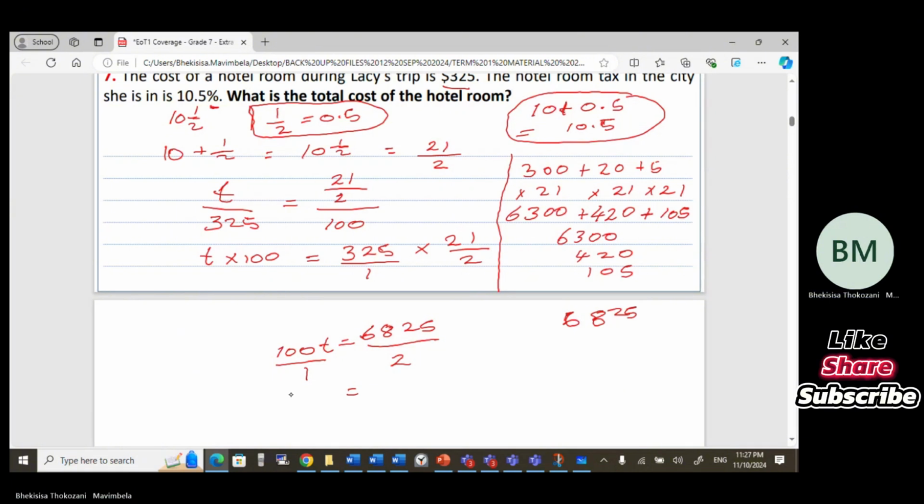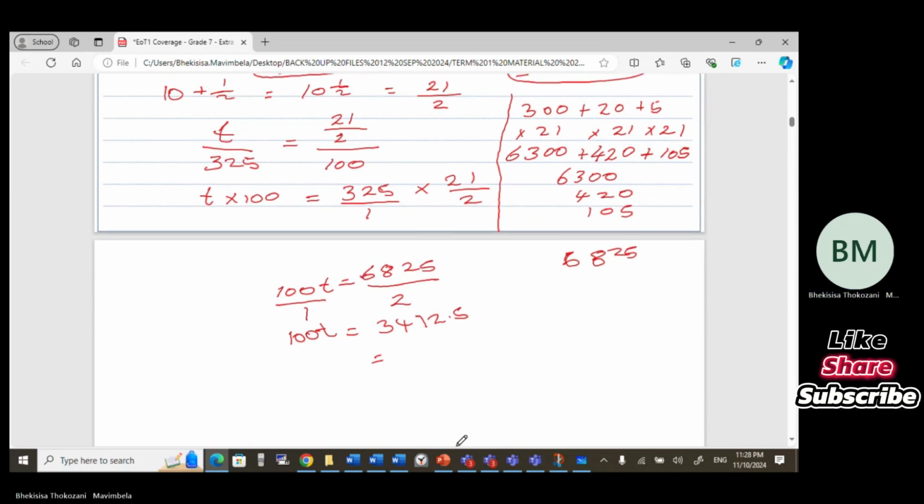So we have 100T equals 3,412.50. Now you divide both sides by 100.